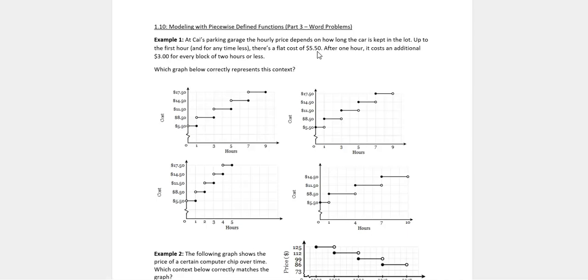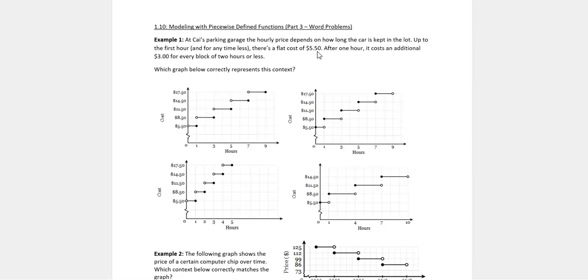Also, it's for the first hour and any time less. So you're going to include that first hour as being $5.50. Anytime above that, anytime at all, so you're talking an hour and 2 seconds, it's going to be the additional $3 for every 2 hours after that.